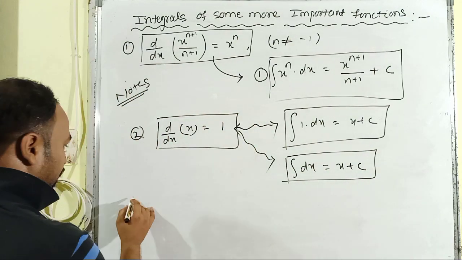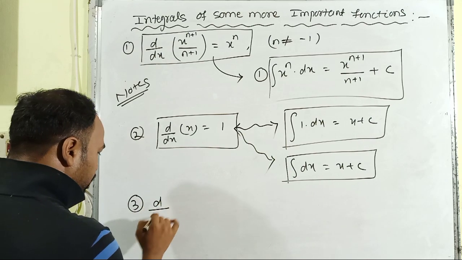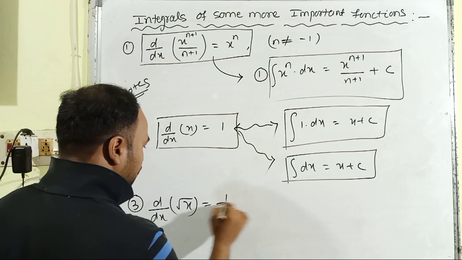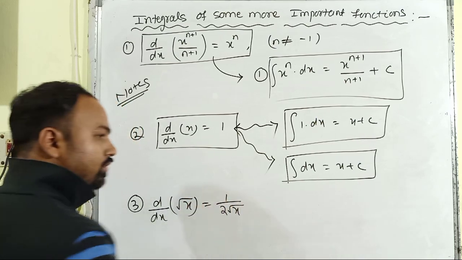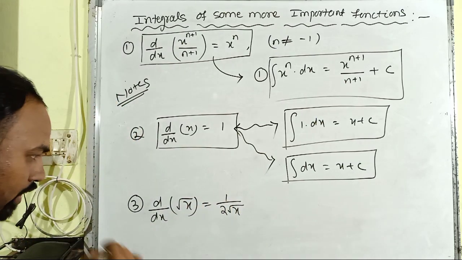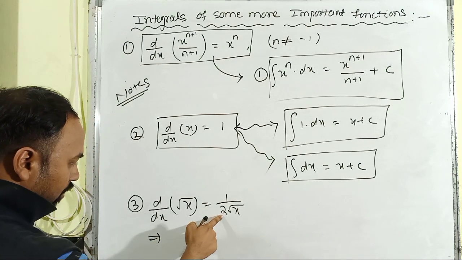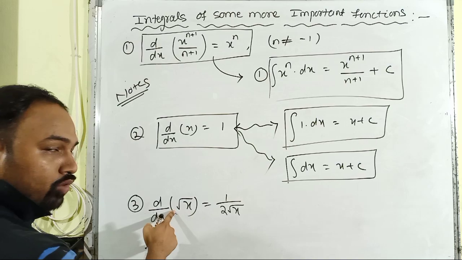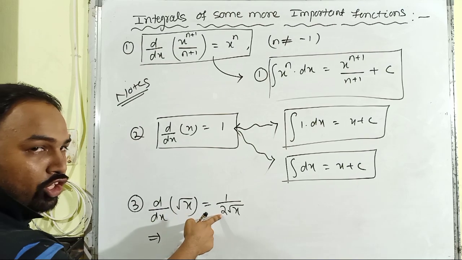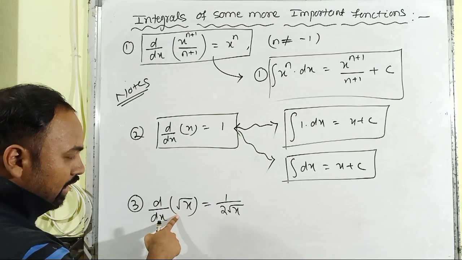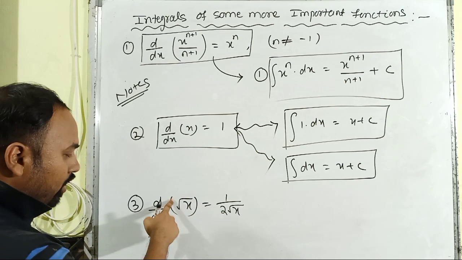Then moving towards another formula, derivative of root x is 1 upon 2 root x. Let us shift this constant term, that means 1 upon 2, towards the left hand side. As it is in the denominator part, whenever it is shifted toward the left hand side, it will be in the numerator part.